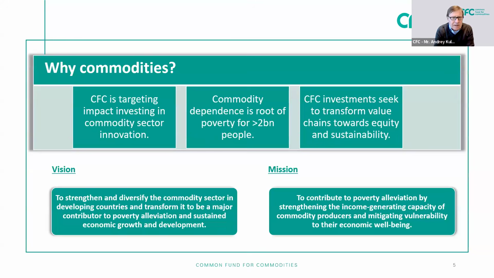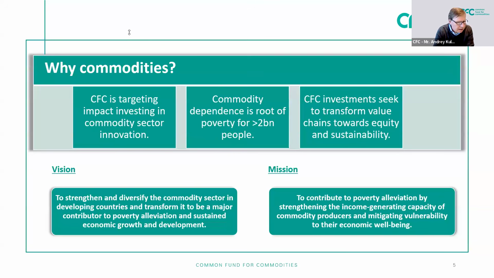The CFC is addressing the commodity dependence by impact investment in commodity sector innovation. And we seek to use our investments to transform commodity value chains towards greater equity and greater sustainability. The slogan is making commodities work for everyone.